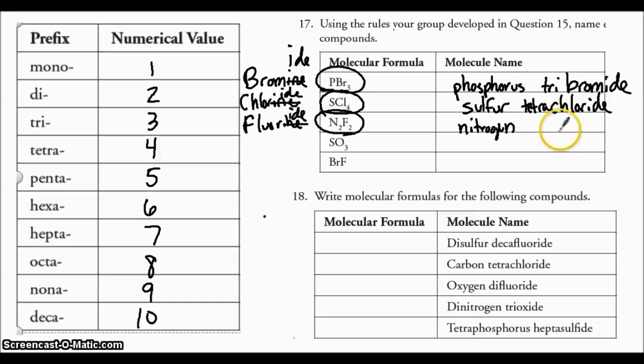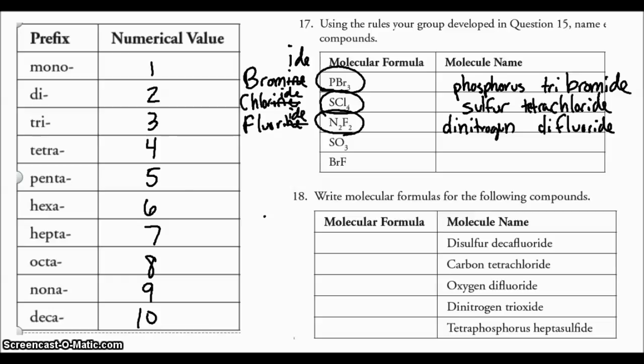So we have fluoride. And then you look at the prefixes. Nitrogen, there's 2 of them. So that would get a di. That's our first element that has a prefix. It does get the di because the only one it doesn't get is mono. So it gets di because there's 2 of them. And then we have difluoride.